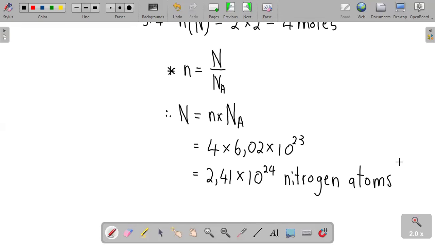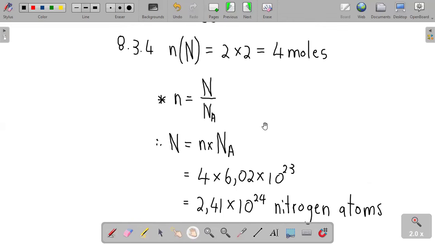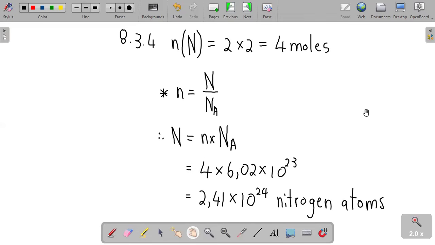Okay, so the n here, what had to happen is it had to be multiplied because for each ammonium nitrate, there are 2 atoms of nitrogen. So we multiply the number of moles by the number of atoms in each molecule. You see? So it gives us 4 moles. Okay, so yes, that was it for this question.